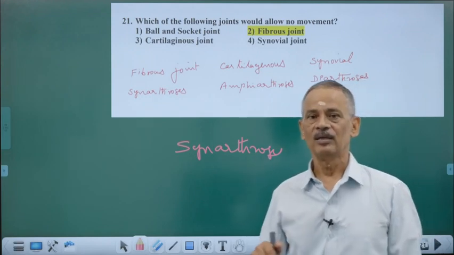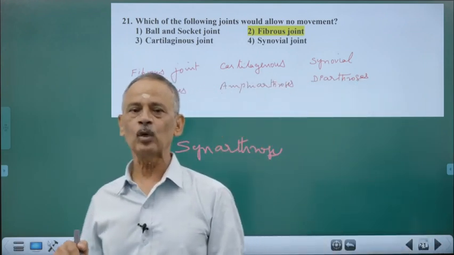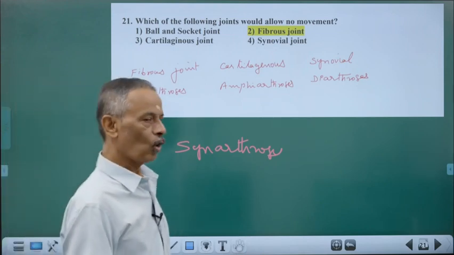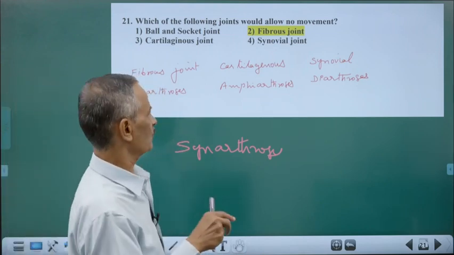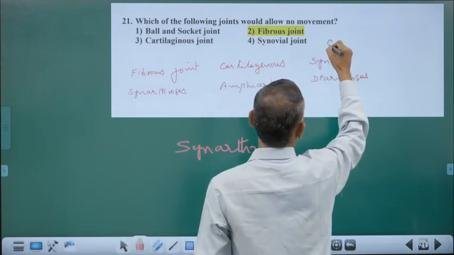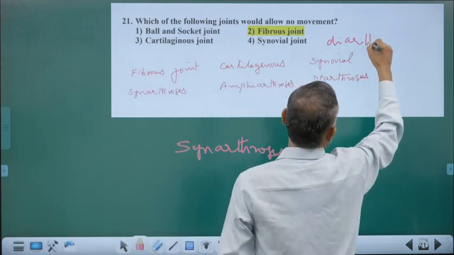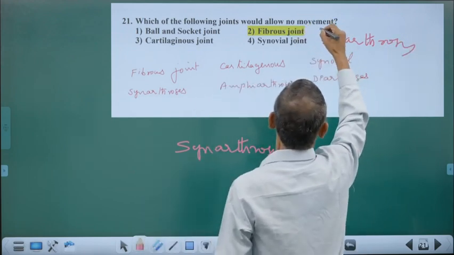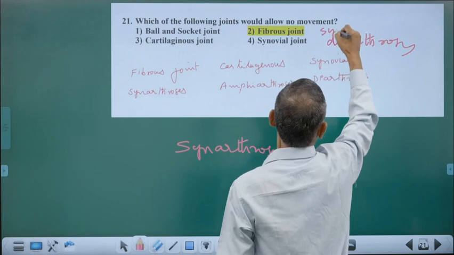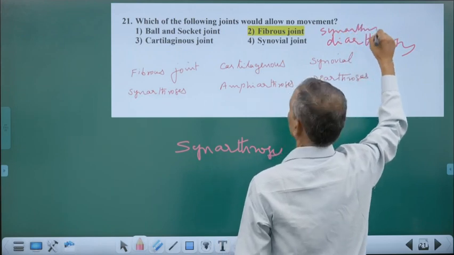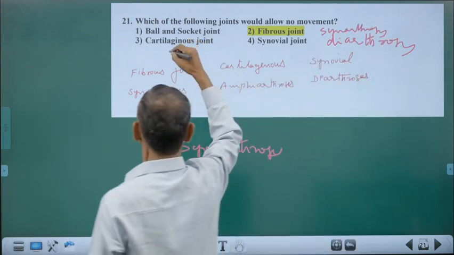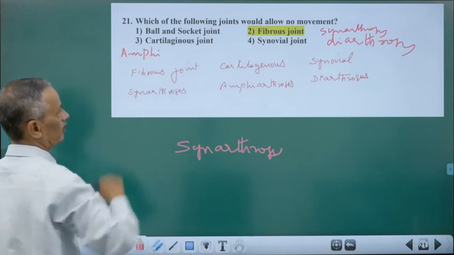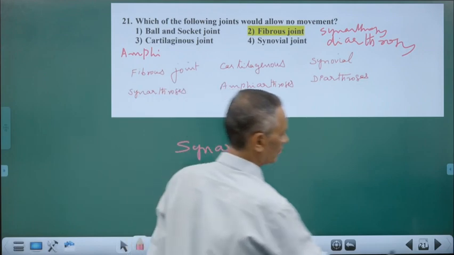That is called a synovial joint, also called freely movable joints or diarthrosis. Arthros means joints. Fibrous joints are synarthrosis, and cartilaginous joints are amphiarthrosis. Okay.